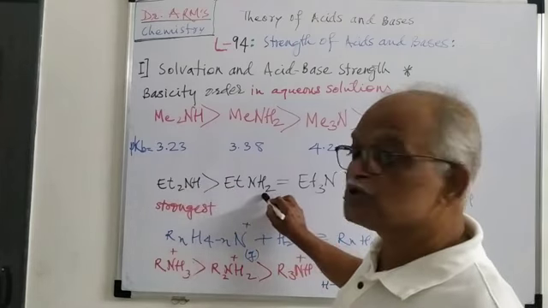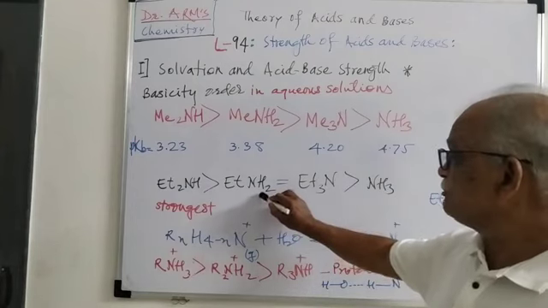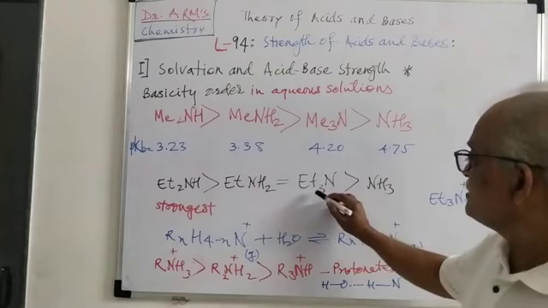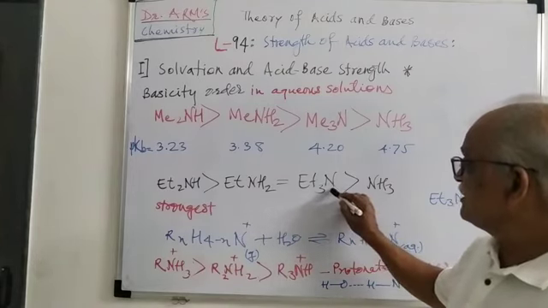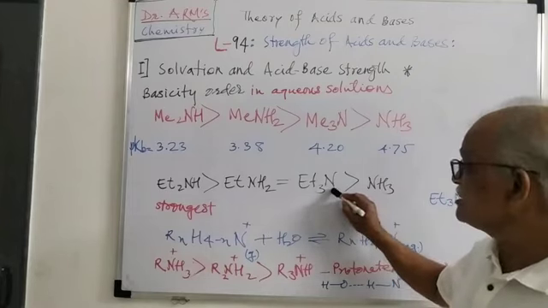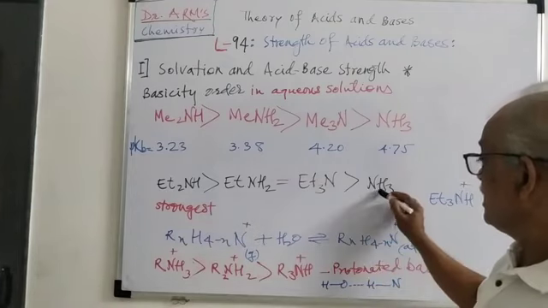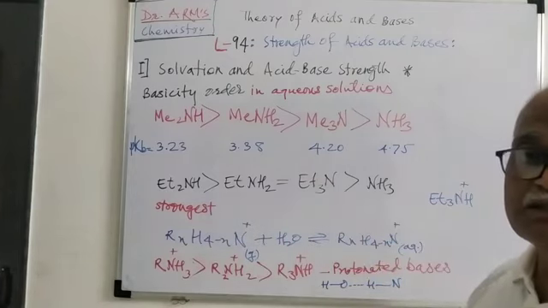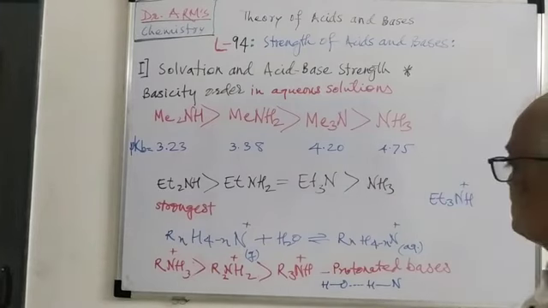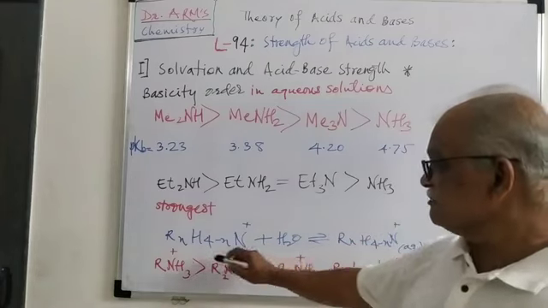Here you have two protons available for protonation, meaning formation of hydrogen bonds with water. This is equivalent to this, but in this case you will find that there is no hydrogen, and that is why these are weaker bases. Both are equivalent, and nitrogen has 3 hydrogens available for bond formation. So this is explained here.